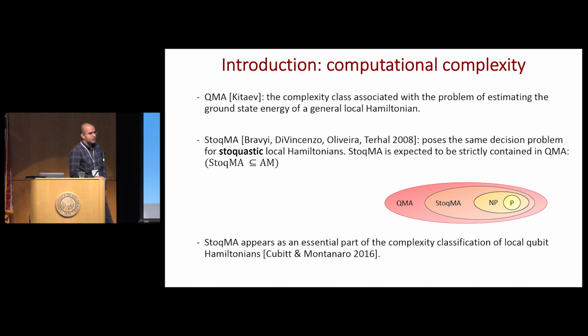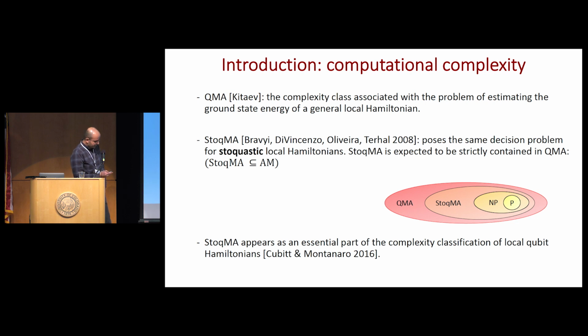Another way to emphasize this is to refer to the paper by Toby Cubitt and Ashley Montanaro, where the STOCHMA class appears as an essential part of the complexity classification of local qubit Hamiltonians.